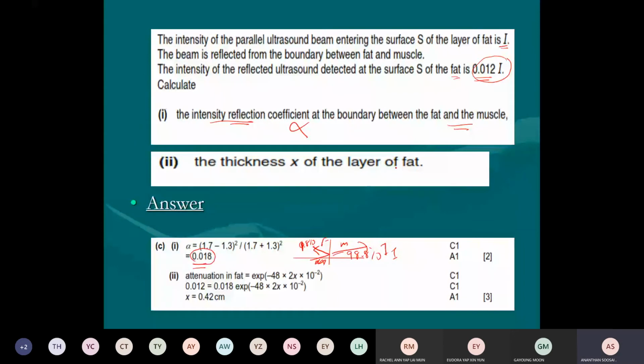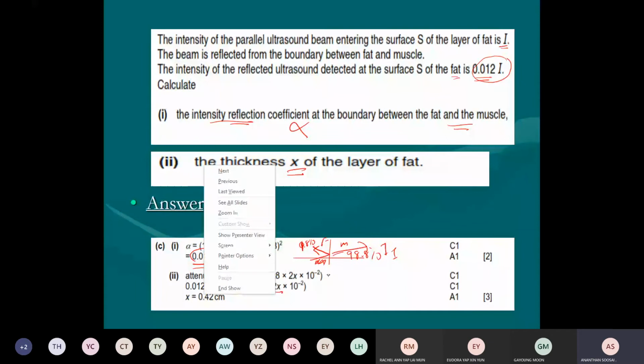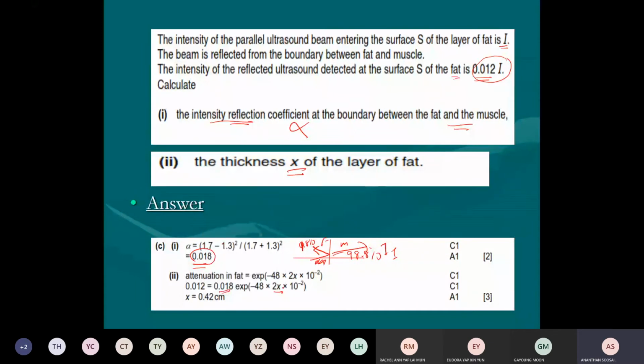Now the thickness X of the layer of fat, they're asking for X. So the formula just now: 0.012 I equals 0.018, this is your alpha, times exponential negative 48 times 2x, times 10 power negative 2. Why 10 power negative 2?